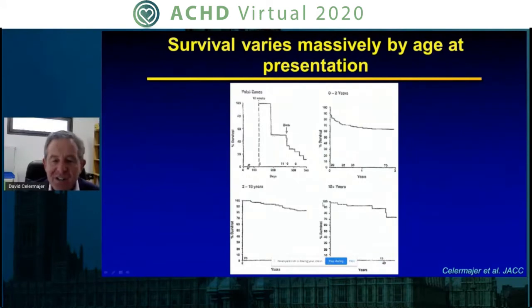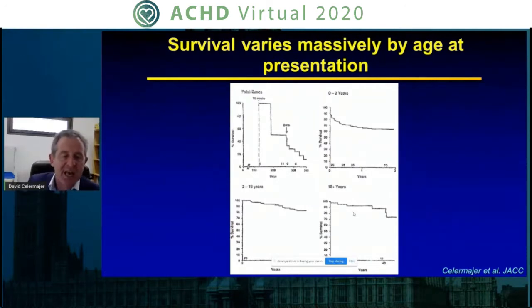Whereas if you're diagnosed at age 18 years or greater, the median survival is never, because the 20-year mortality is only about 15%. So it is a disease where the survival varies massively by age of presentation. Here, the presentation is usually with heart failure. Here, the presentation is usually with cyanosis. Here, the presentation is usually with arrhythmia. And here, the presentation is usually by an incidental echo diagnosis.